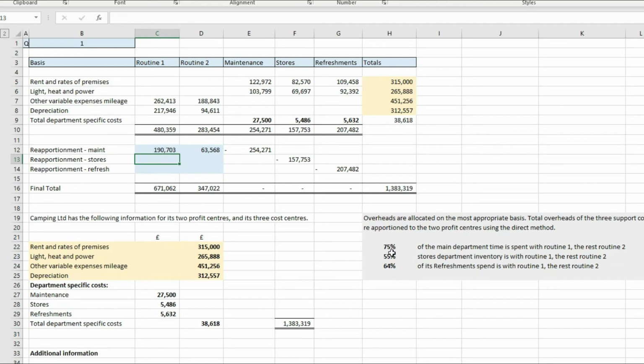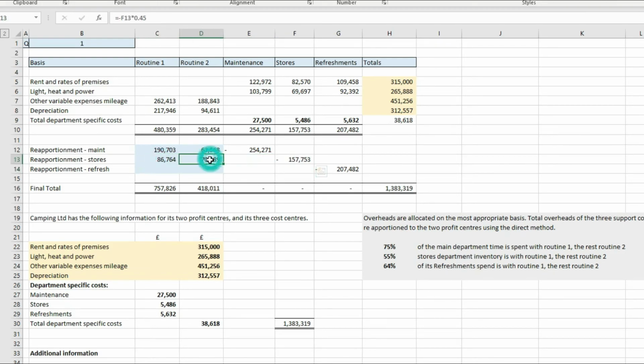Now in stores, here, it's saying 55% of the stores department inventory is with routine 1. So same sort of logic again, equals minus 157,753 times by 0.55. And then equals minus this 157,753 times by 0.45. And that there should equal 0.